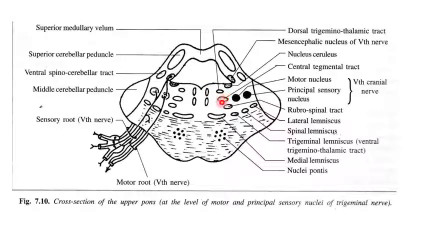In the tegmental core, central tegmental tract. Lateral to it, nuclear complex of the trigeminal nerve, motor nucleus medially, principal sensory nucleus laterally. And somewhere close to the floor of the fourth ventricle, there is the mesencephalic nucleus of the trigeminal nerve.